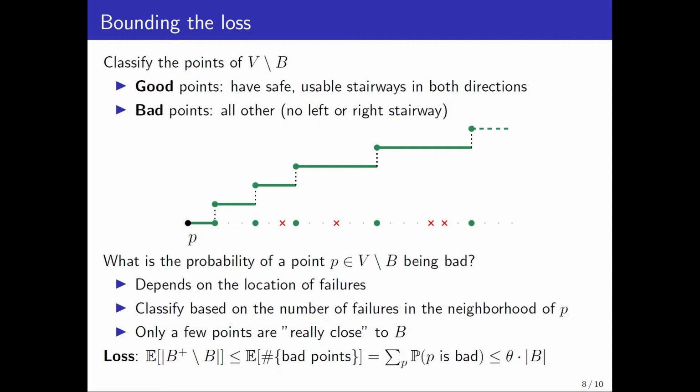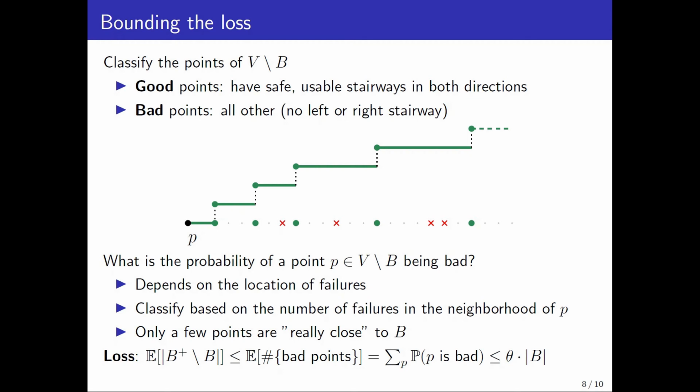But if its neighborhood has only a few or no failed points at all, then it's more likely to be a good point, because it will have a hub close by, a point present at some high level, and therefore it will have long stairways, essentially.